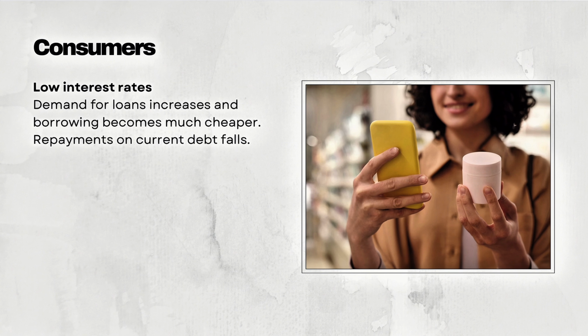And another point, the repayments on current debt fall, meaning it is cheaper to service the debts that consumers already have. For example, if a consumer was in $1 million worth of debt with an interest rate of 10%, this means that this consumer will need to spend $100,000 in interest payments alone.